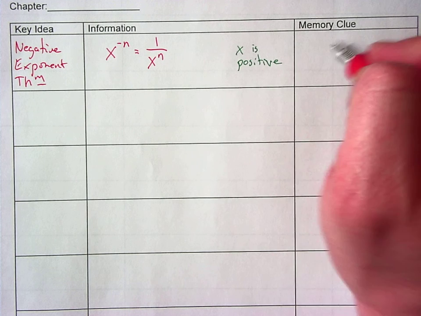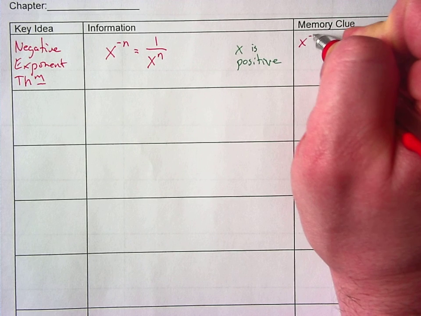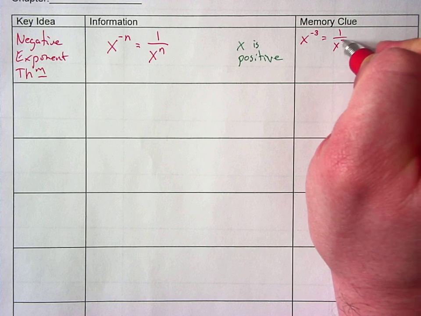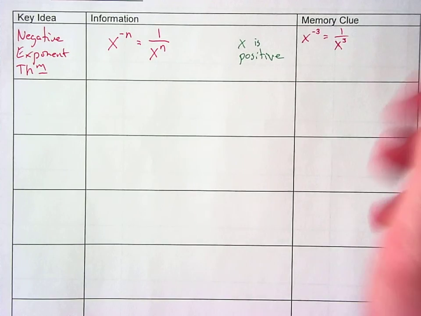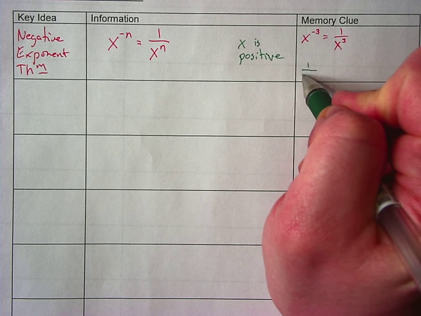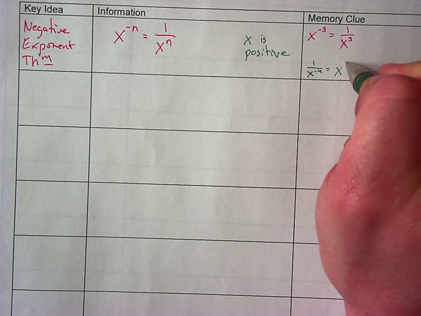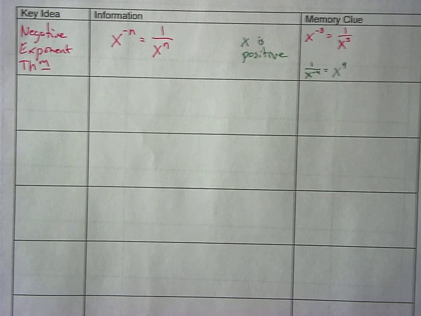So let's do a few examples in the memory clue. We've got a small box, but we can write small. X to the negative 3 is 1 over x cubed. 1 over x to the negative 4th is x to the 4th. Zoom in on that a little bit.